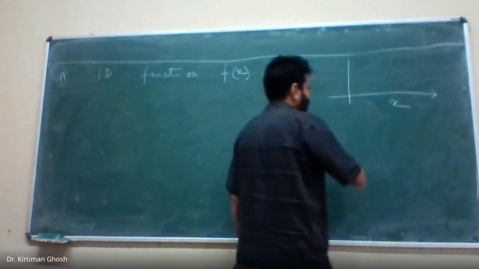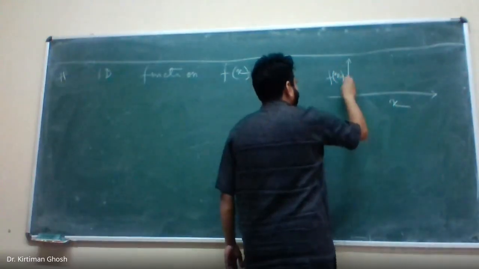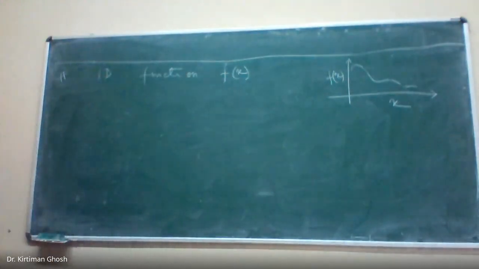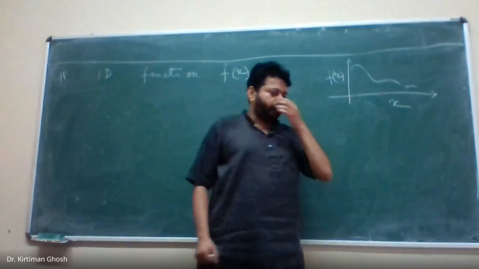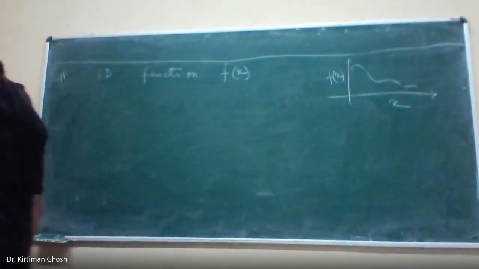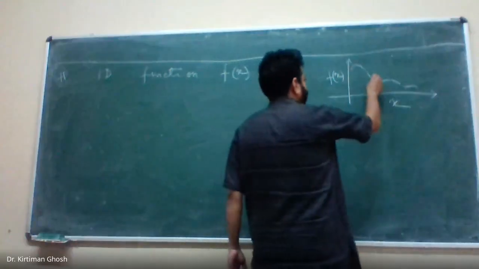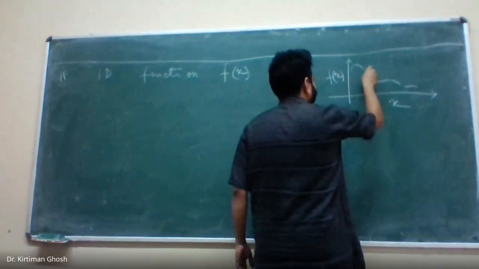On the x-axis and the f(x)-axis, the function will be represented by some kind of a line. This is the definition of a one-dimensional function. Let us assume that this is a particular point x on this function.